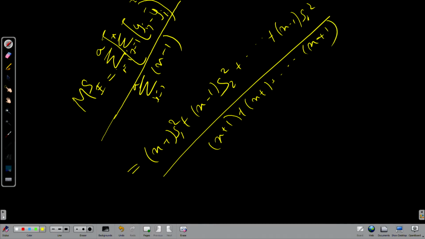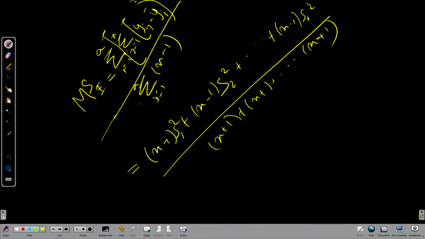This goes up to a total of a levels, and s1 square is the variance of the individual level. n is the number of data in each sample. Here all the samples are of the same size, that is n. So, this is how we can calculate MSE. We can calculate it by either formula, it is the same thing.